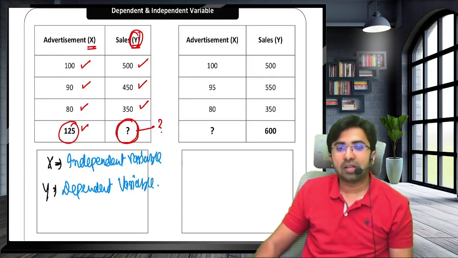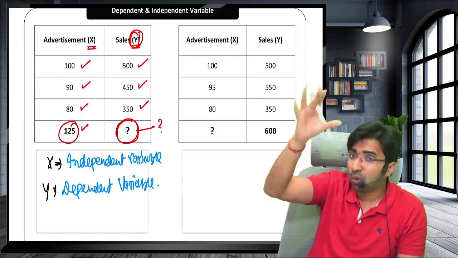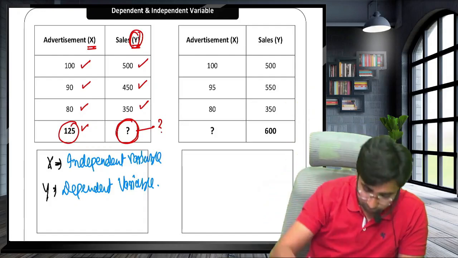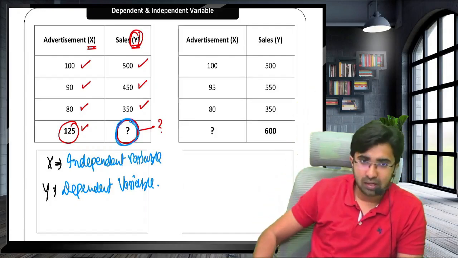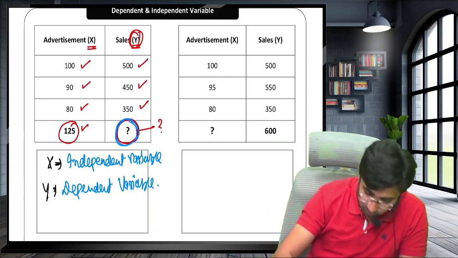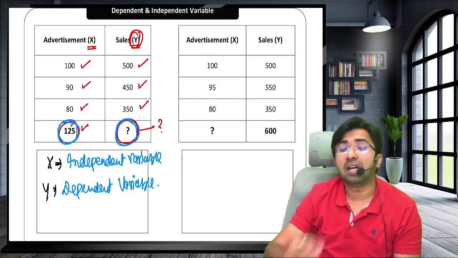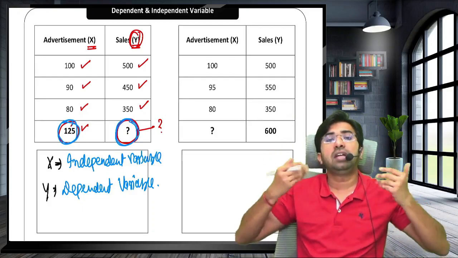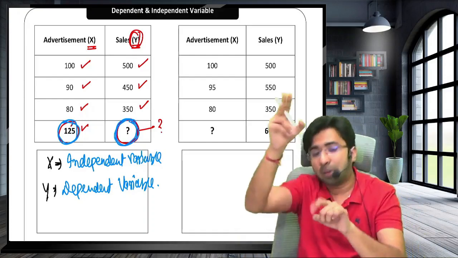Why? I will tell you, guys. I don't know the value of y. I need to identify the value of y. That is always the dependent variable. And the variable whose value is known, here the value of x is known, this is the independent variable. We know the value, independent. And the variable whose value I need to identify, that is the dependent variable.